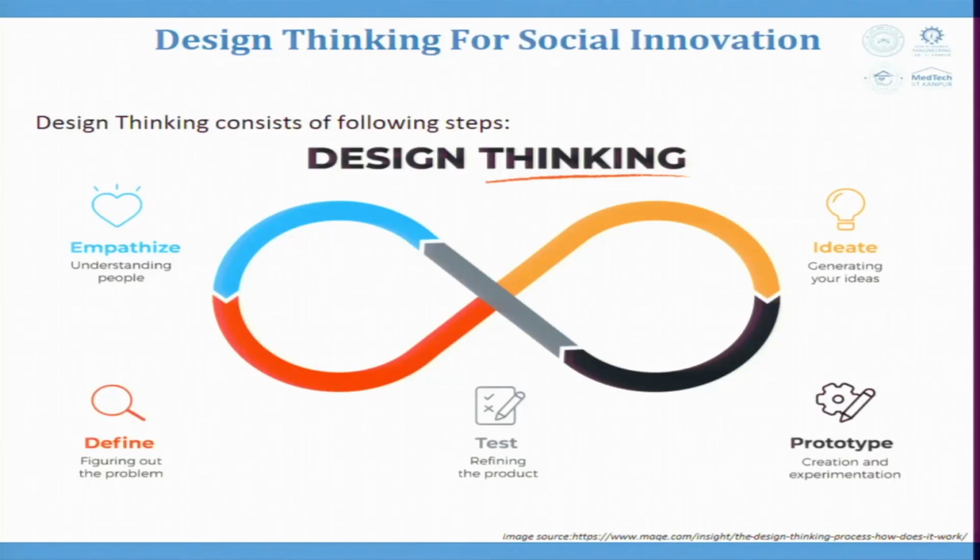Because your basic assumption is that they are illiterate. But today, friends, they are not illiterate. They have access to schools. They have access to data. They are equally competitive like us. The only thing is they lack opportunity. Now, through social innovation, you are trying to create that opportunity. That is what it is. So, ideation, open-minded; empathy, open-minded.